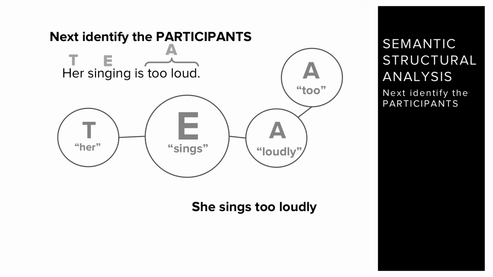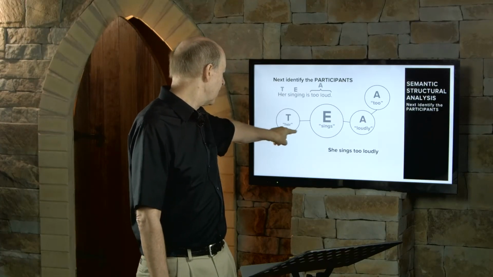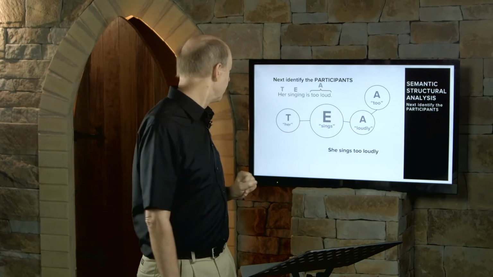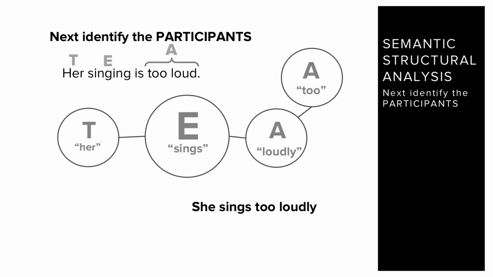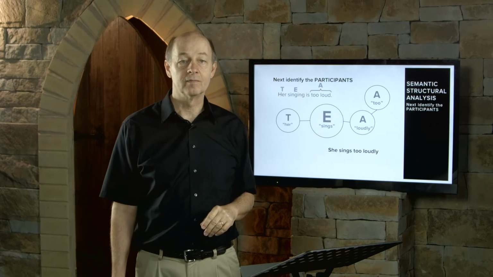So to remove the skewing, we change her into she, because she is the one that is actually doing the singing. It's like the subject of the sentence. And that's how we will state it when we are rewriting this semantic proposition in its non-skewed form. Of course, there's more to this sentence. Too loud is an attribute. Loud or loudly is actually describing her singing, and the modifier too is further describing the attribute loudly.